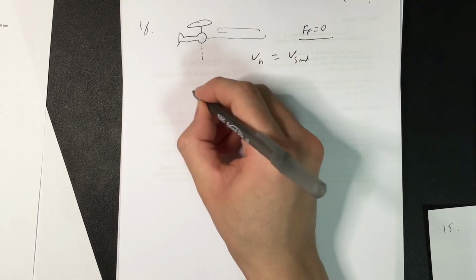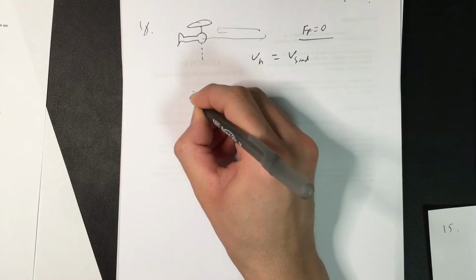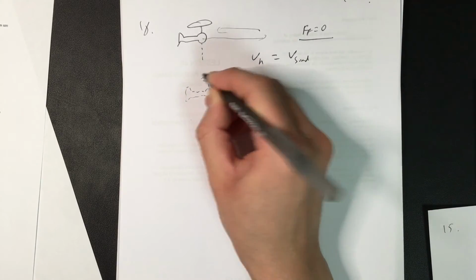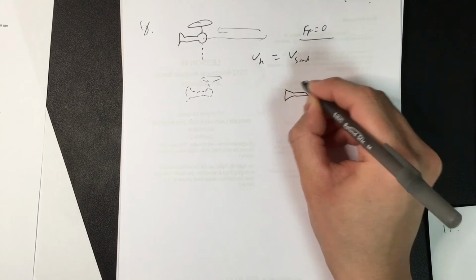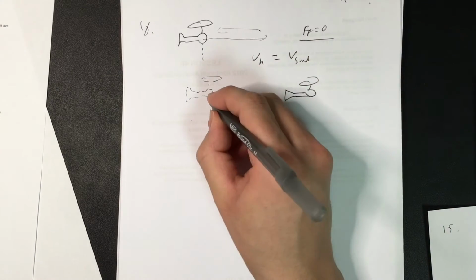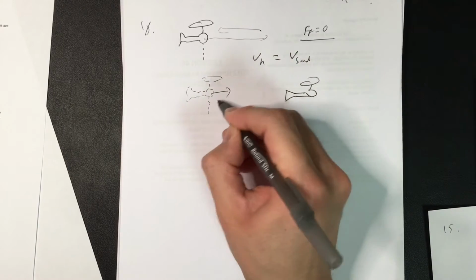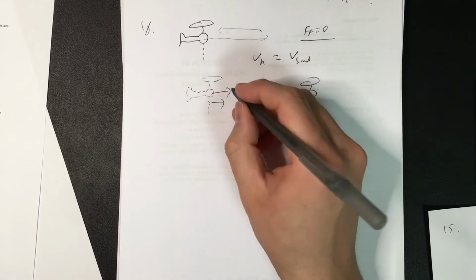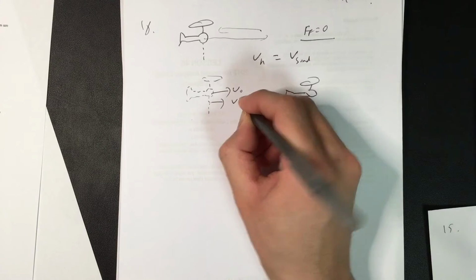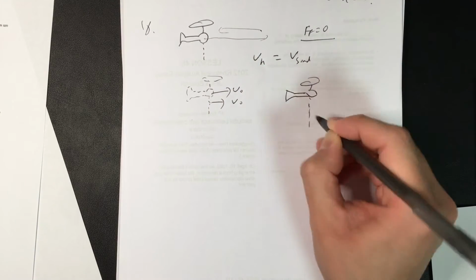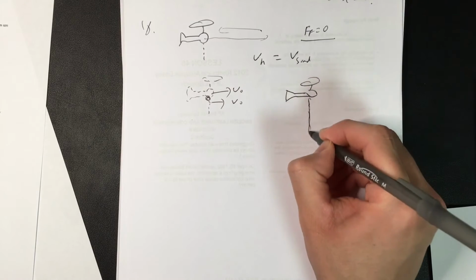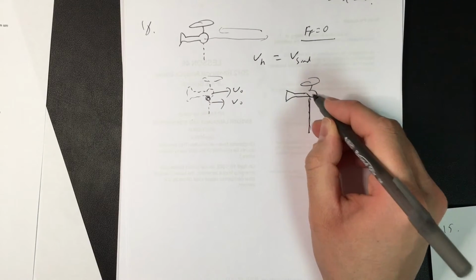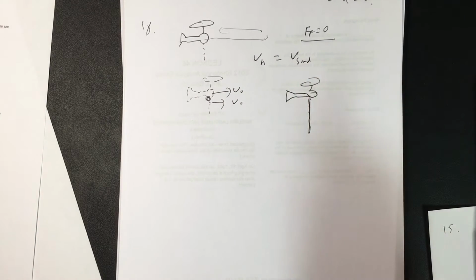So let's say this is the initial position of the helicopter, and that is the final position of the helicopter. Then, since both the sand and the helicopter are traveling at the same speed, let's say v naught, the sand that was dropped here should still be right beneath the helicopter at the later position.